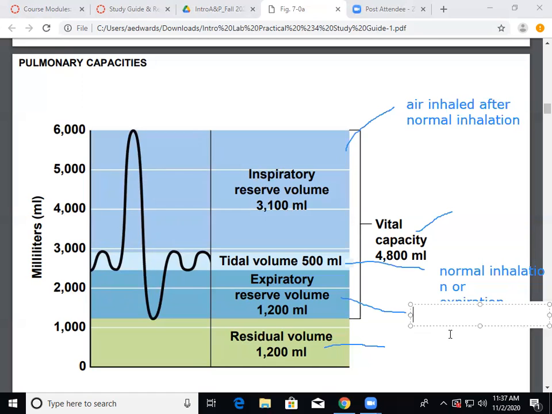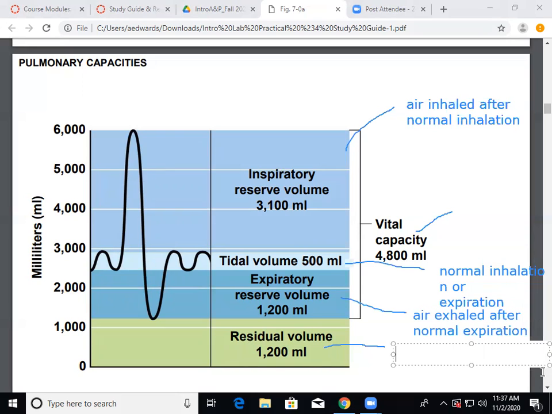Respiratory reserve volume is your air exhaled after normal expiration or exhalation.